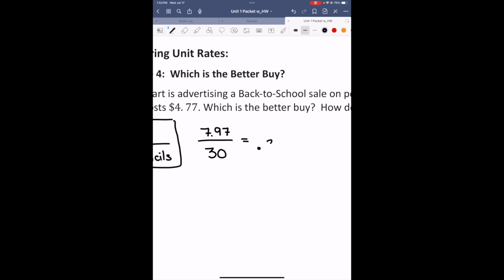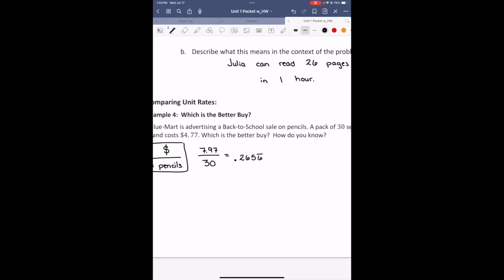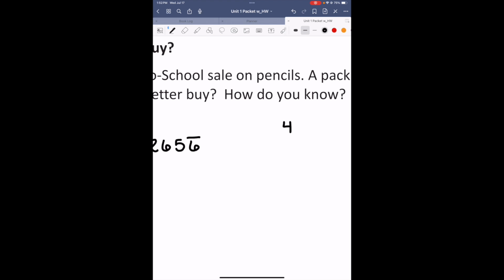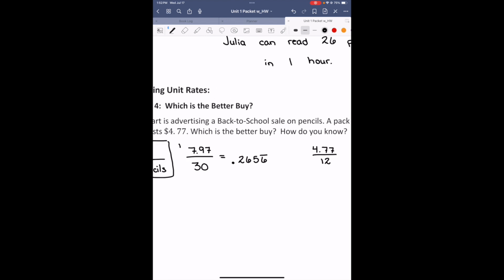So it's 0.2656, and that 6 is repeating. So we write the little bar on the top. So the 12 pack costs $4.77. So we're going to have $4.77 divided by 12. So these are my two different ones that I'm comparing.